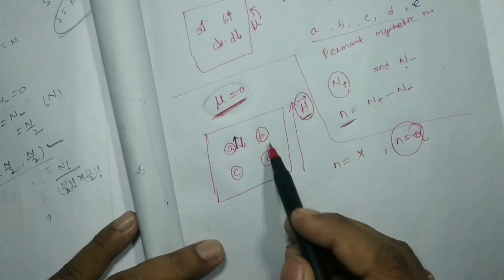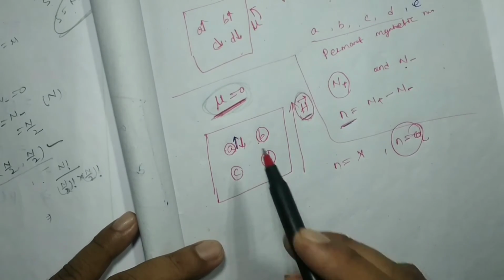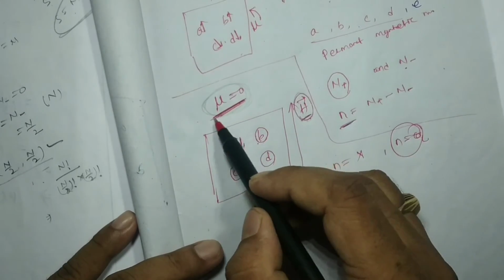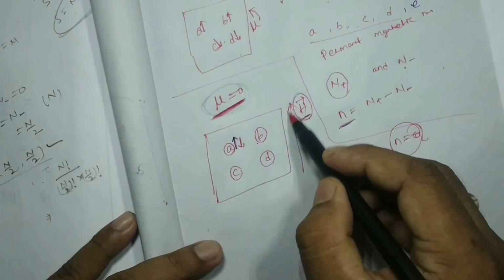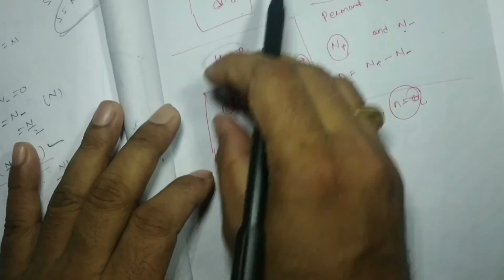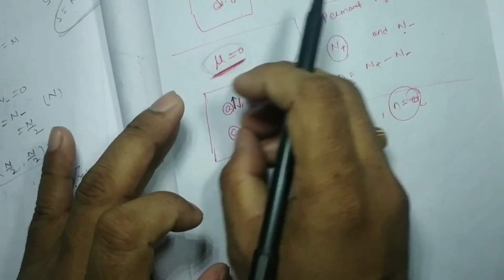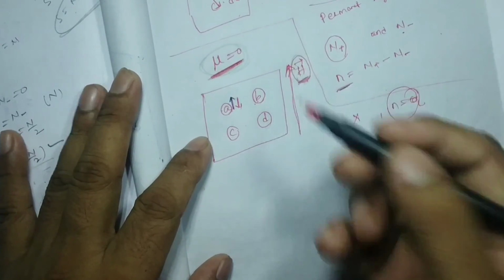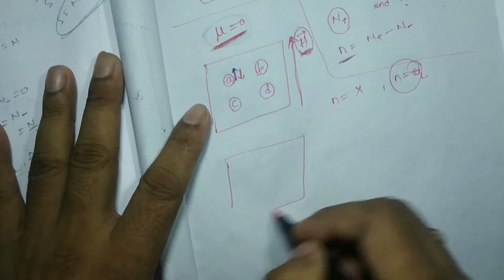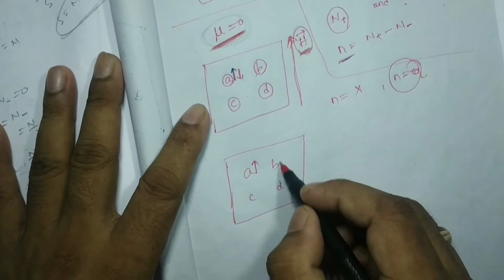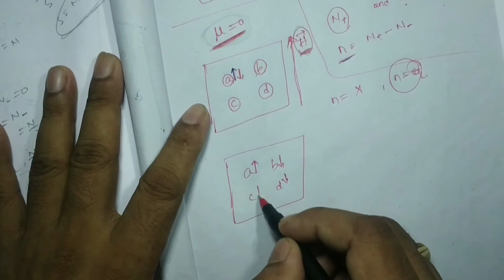Likewise, all the particles, if we consider they have no permanent magnetic moment, that means mu equal to 0, whenever we apply a magnetic field, they are randomly moving here and there in the system. Suppose we consider A, B, C, D. A is parallel and the other three are anti-parallel.